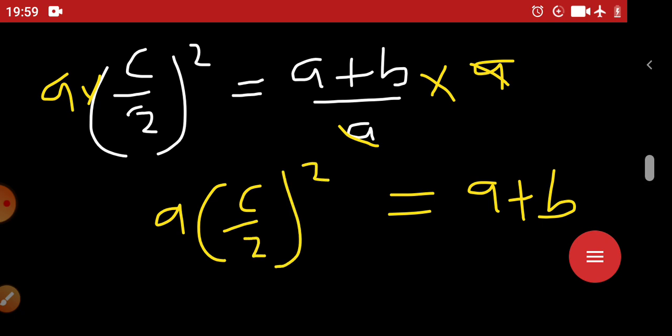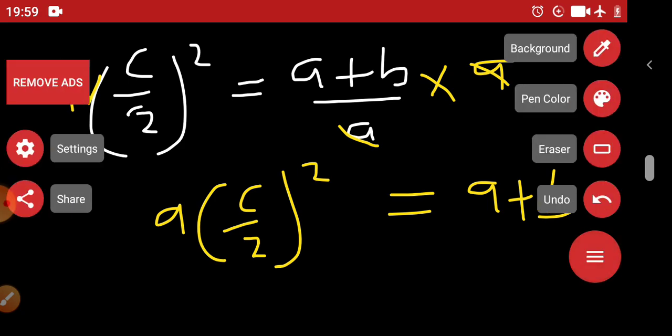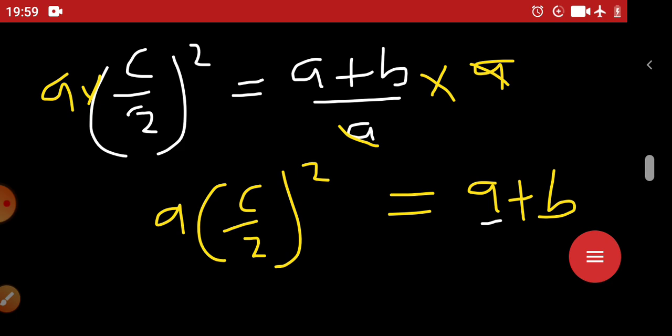Now we need to take this a to that side, so we subtract a both sides, because here it is positive. So we have a times (c over 2) all squared minus a is equal to b.